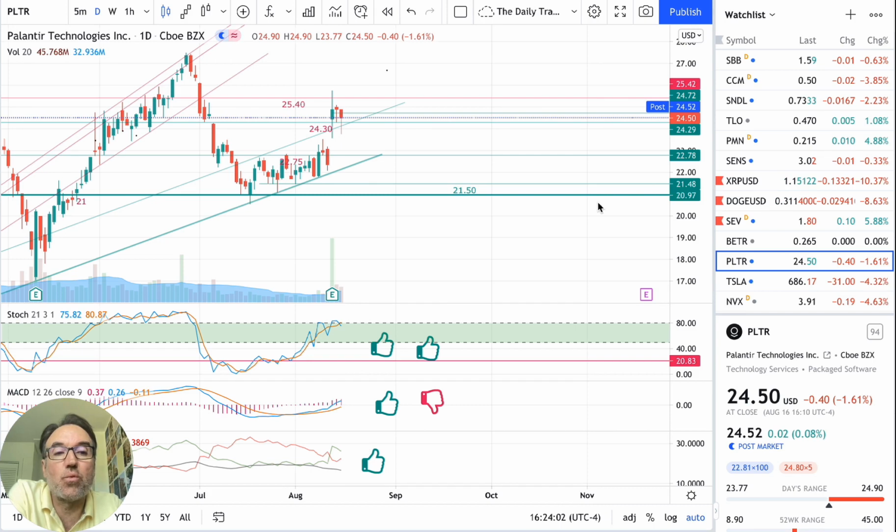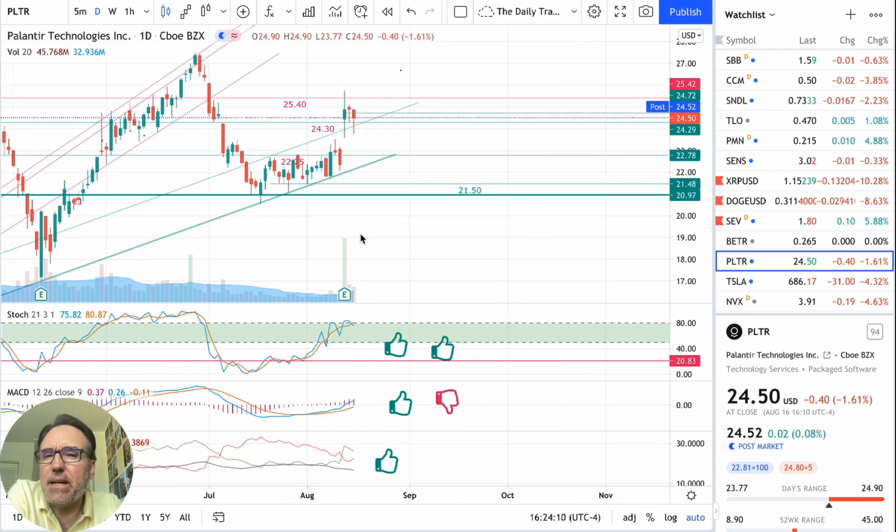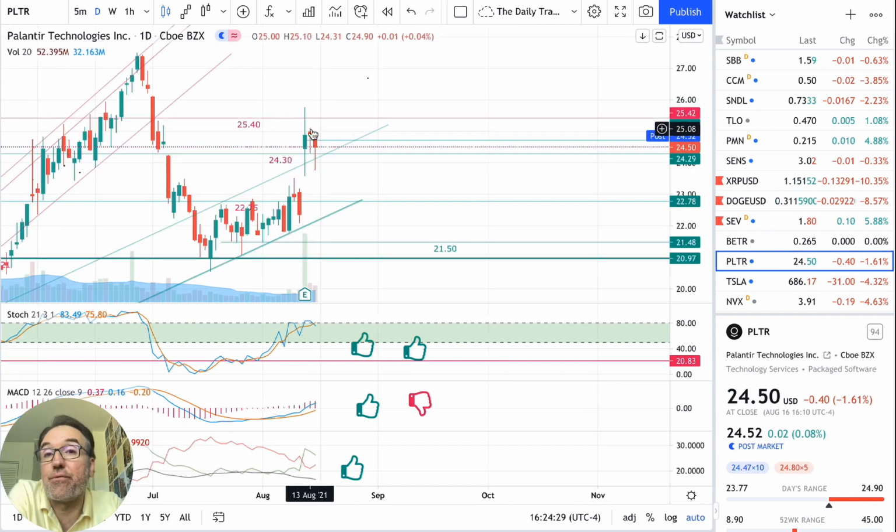Okay, so Palantir dropped 40 cents. That equals 1.61%. Post-market, we are up 2 cents. Like last Thursday, we had a great move in Palantir because of the great earnings call. Then we tested 24.30 during our session on Friday.